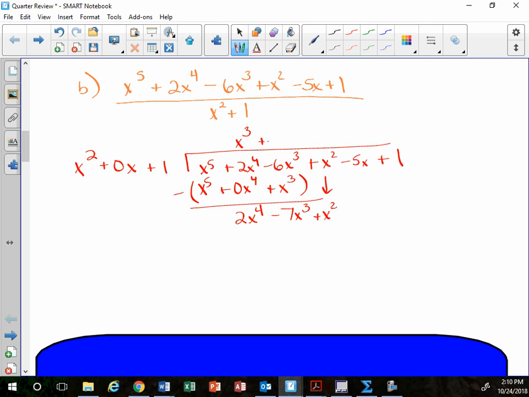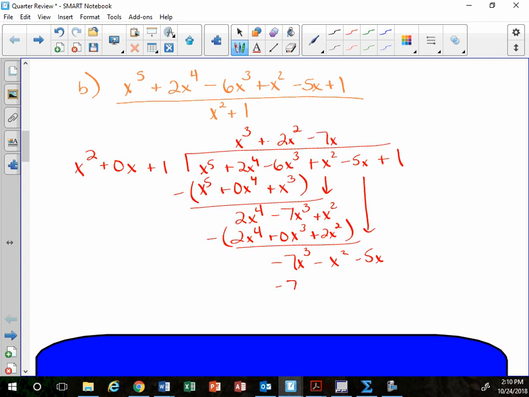And then you see it. Then we start over. 2x squared. 2x to the 4th, 0x cubed, 2x squared. I must subtract. So negative 7x cubed minus x squared. Bring down negative 5x.